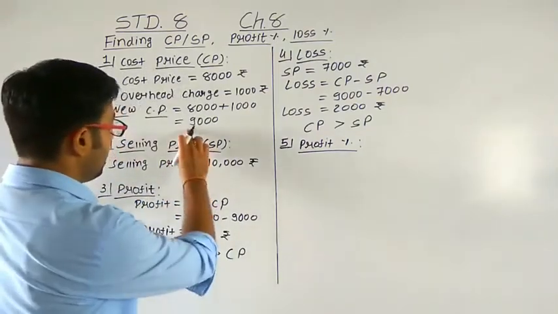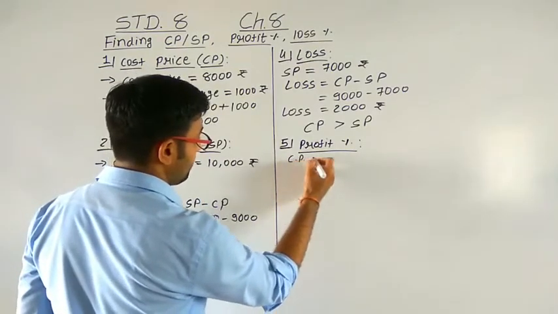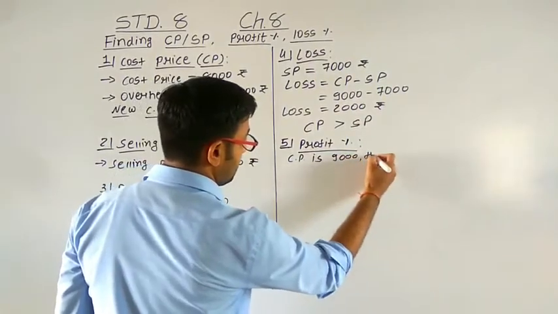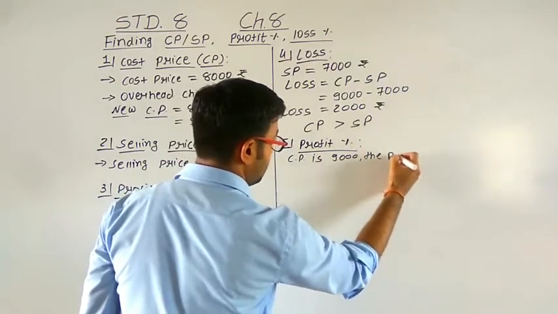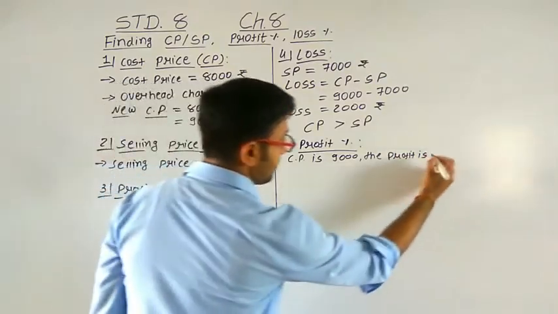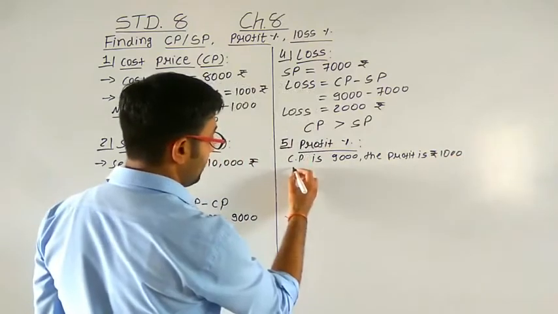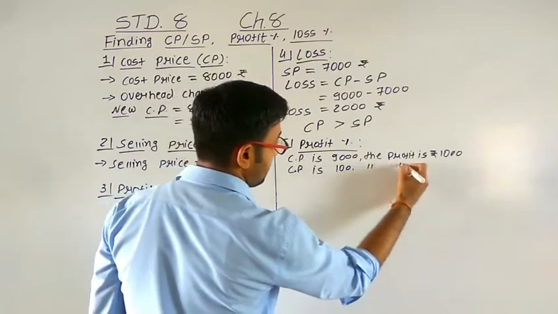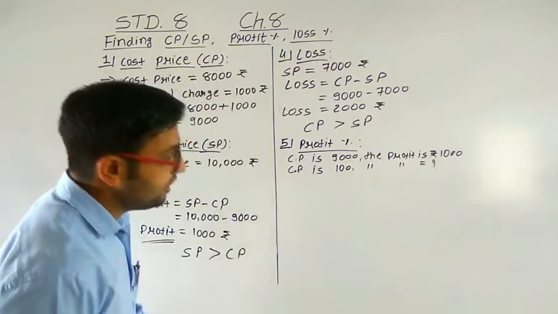When the cost price is 9000, the profit is rupees 1000. So when the cost price is 100, what is the profit that we have to find out? We are finding this using the unitary method.